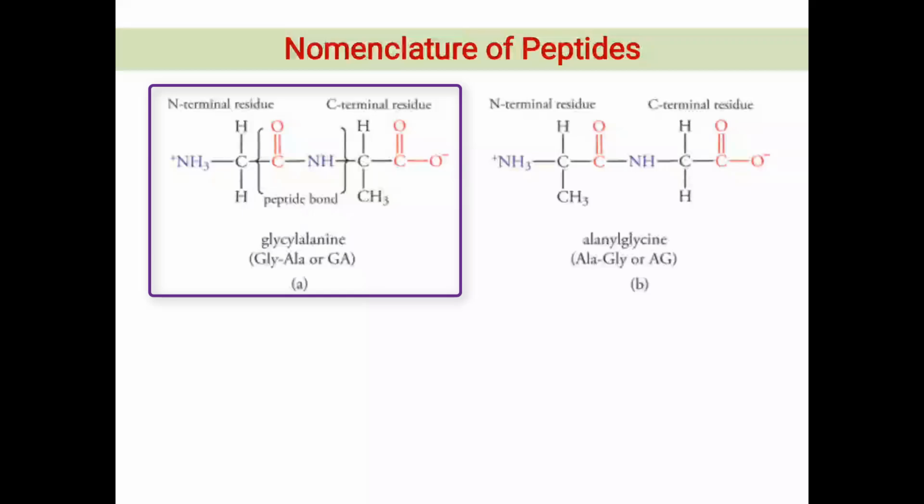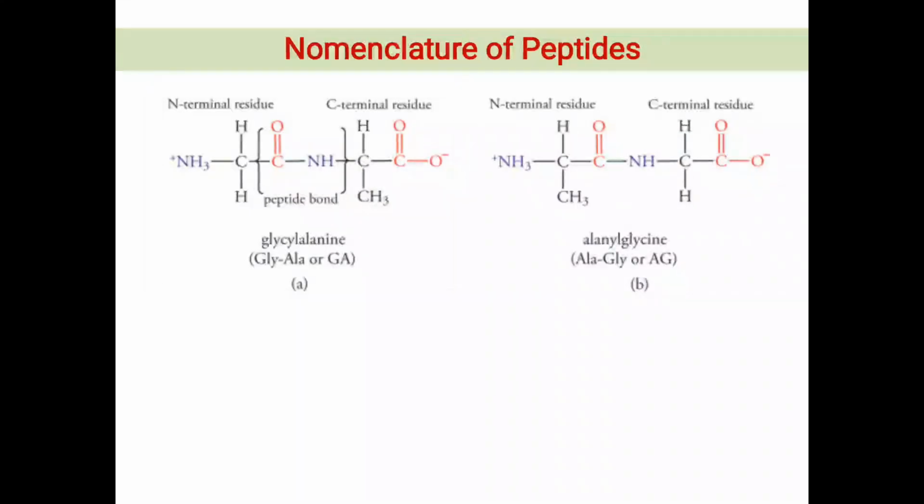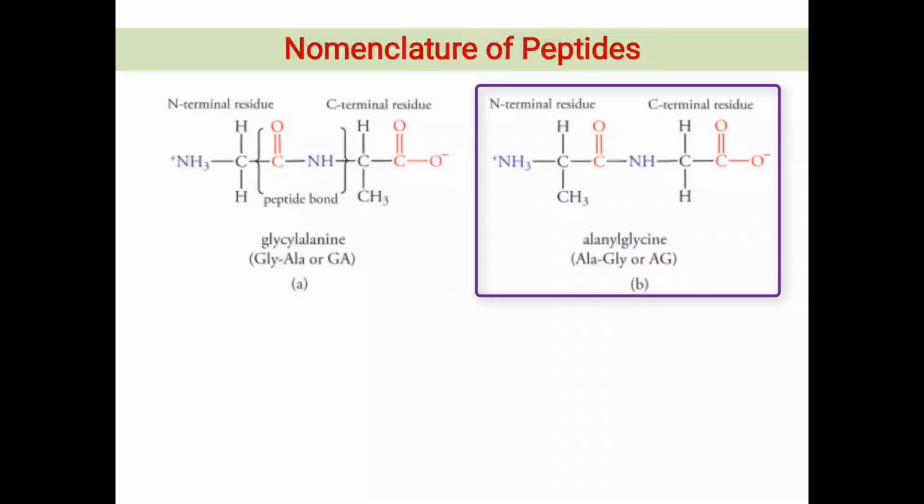First is composed of glycine and alanine, meaning glycine is at the N terminus and alanine is at the C terminus. There is also a second dipeptide in which alanine is situated at the N terminus and glycine is situated at the C terminus.